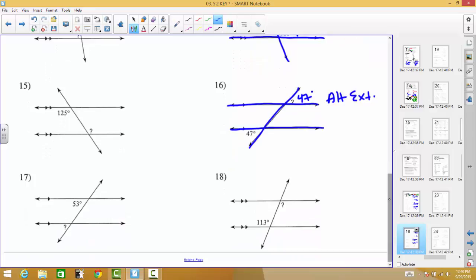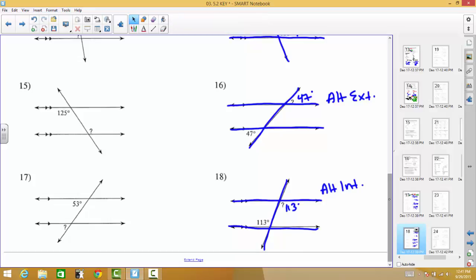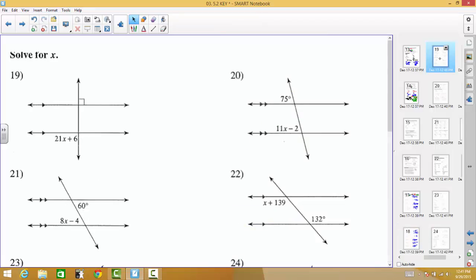In number 18, these are alternate interior. Alternate sides of the transversal on the inside of the parallel lines, so these are the same. In 20, these are corresponding. So they are the same.